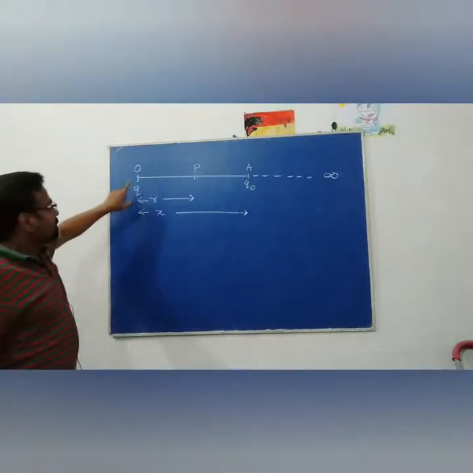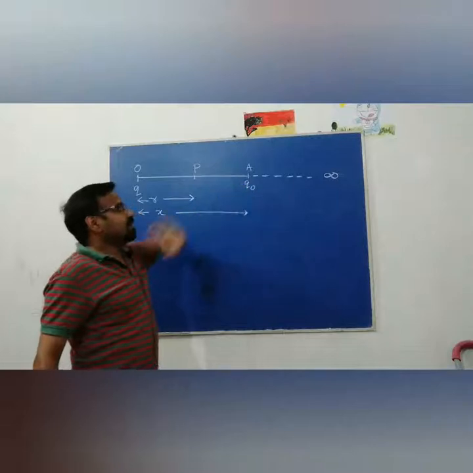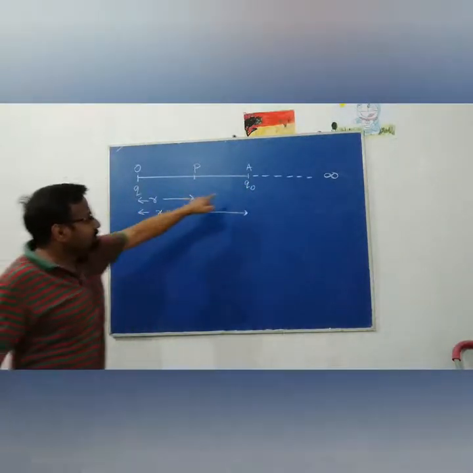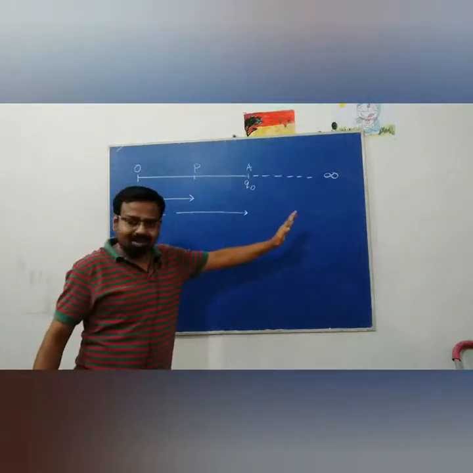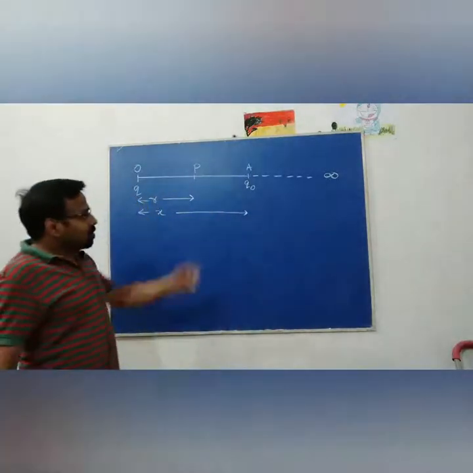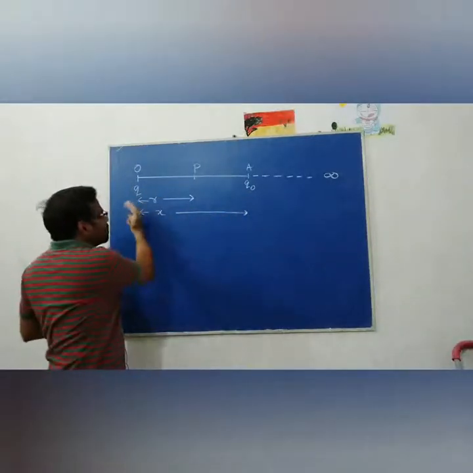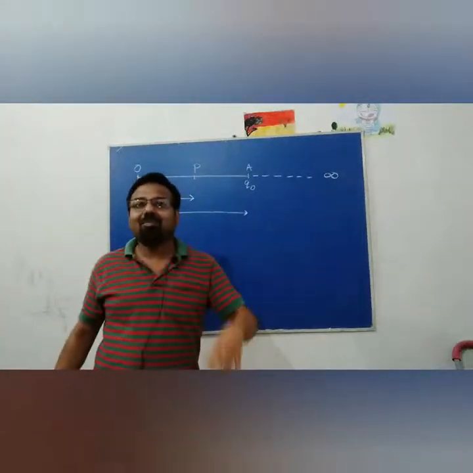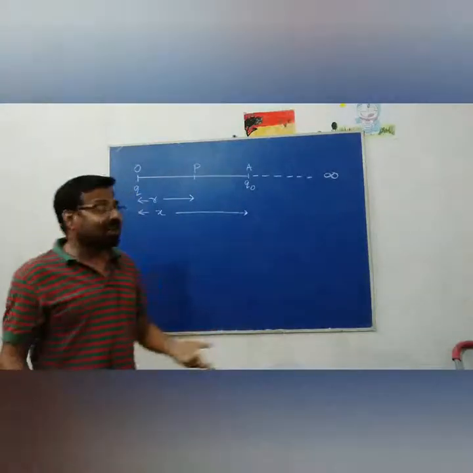We know the value of source charge is much greater than test charge. So this source charge pushes this test charge towards the right direction. To move the test charge towards the source charge, we have to give some force from outside, and that force is called the external force.